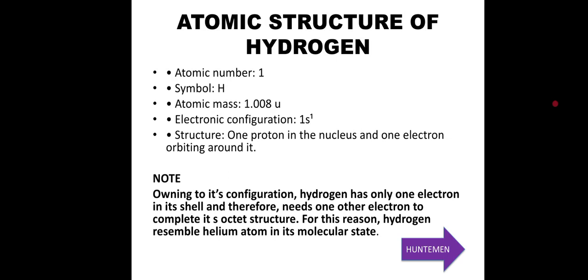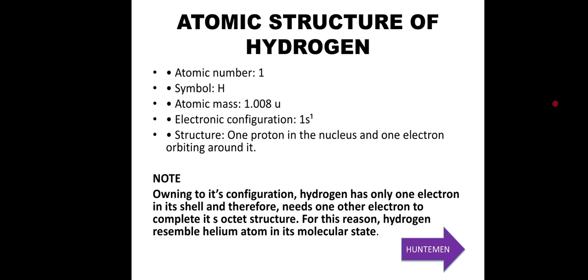Atomic mass is 1.008 units, and the electron configuration of hydrogen is 1s1. So one proton in the nucleus and one electron orbiting around the nucleus.